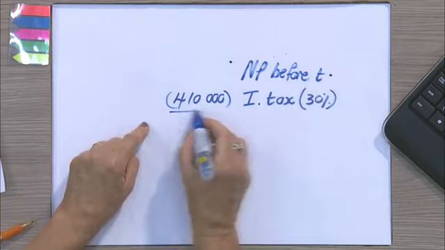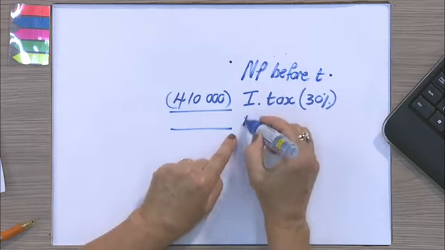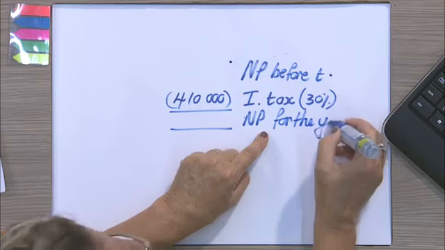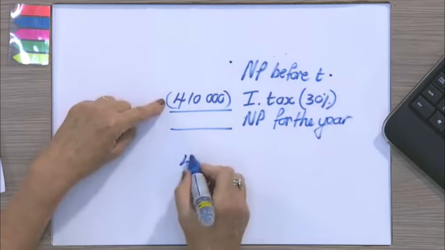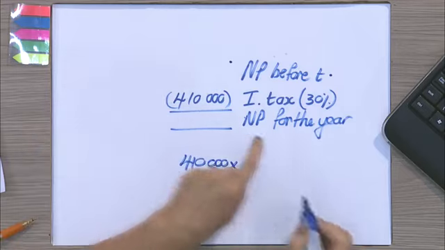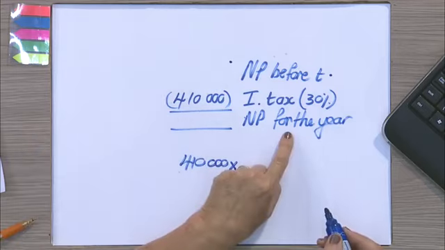And I can also get the amount after tax, or net profit for the year, by taking whatever amount I'm given times, let's say I want this one, net profit after tax.